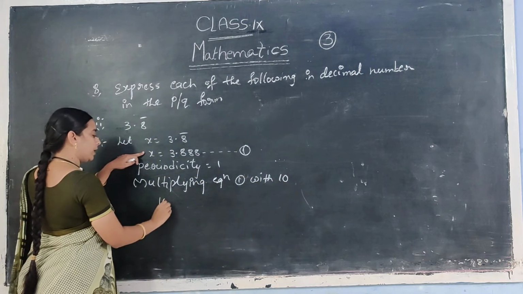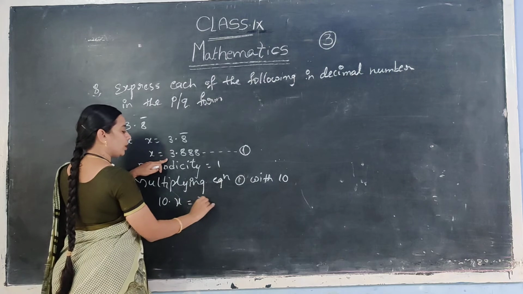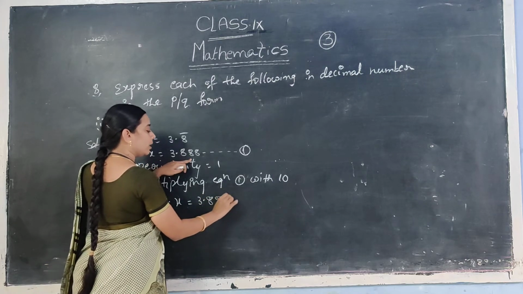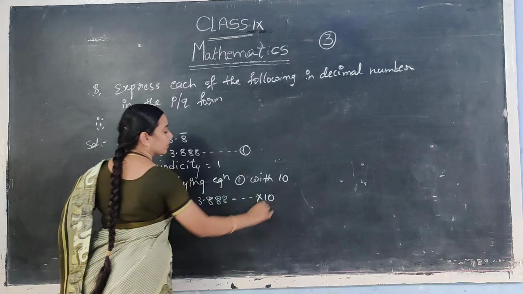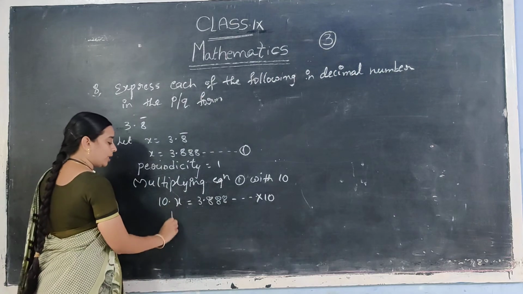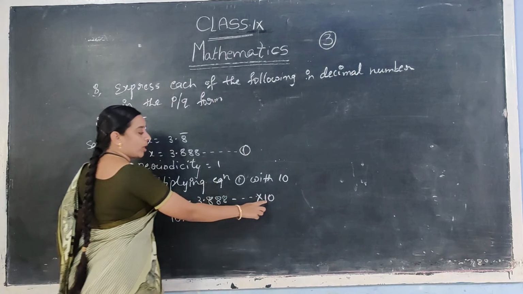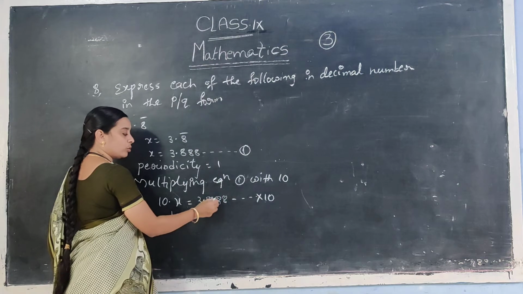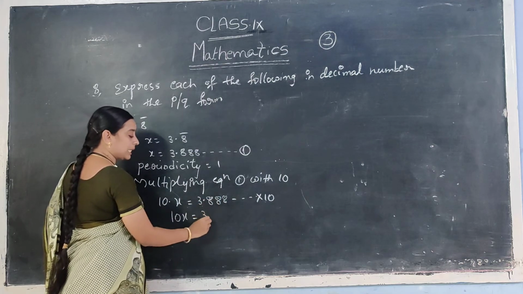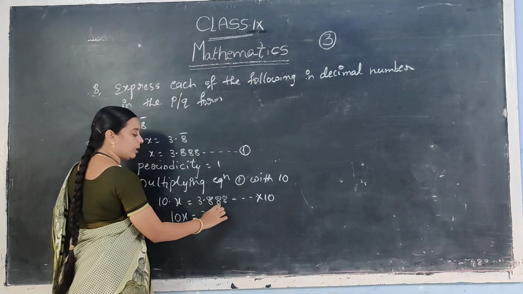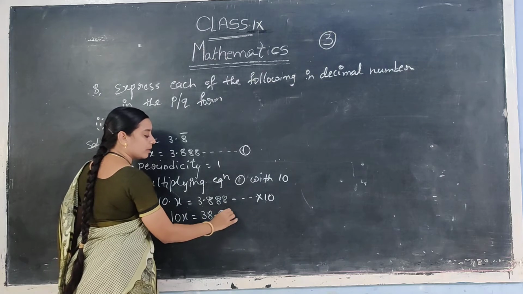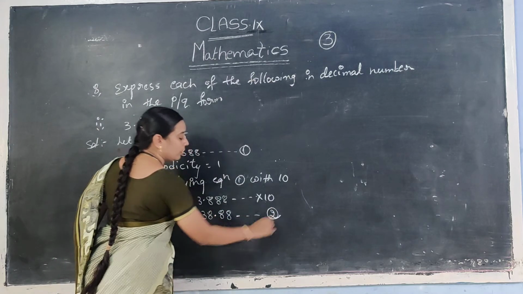Now multiply 10 into x is equal to 3.888 and so on into 10. Now 10 into x, 10x. Here 10 means this decimal part moves by one place. So that means 38 point. Remaining how many 8s? 2 8s, and so on. Now this is condition 2.